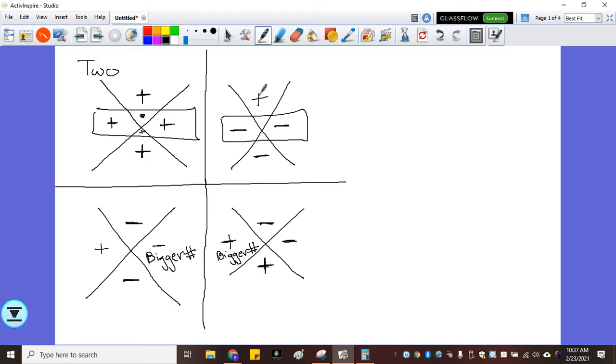If you're multiplying to a positive and adding to a negative, both numbers have to be negative. If you're multiplying to a negative and adding to a negative, you want the bigger number to be negative. And if you're multiplying to a negative and adding to a positive, you want the bigger number to be positive.